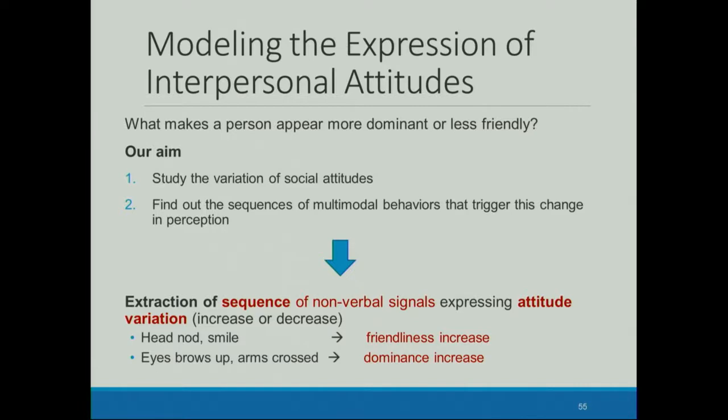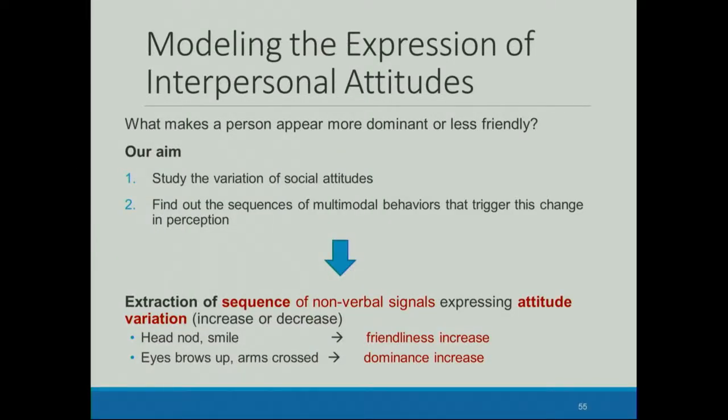Why does a person suddenly appear to change attitude? So we wanted to find out the sequences of multimodal behaviors that would trigger the change in perception. So our work was to extract the sequences of nonverbal signals that express such attitude variations, either an increase or a decrease.